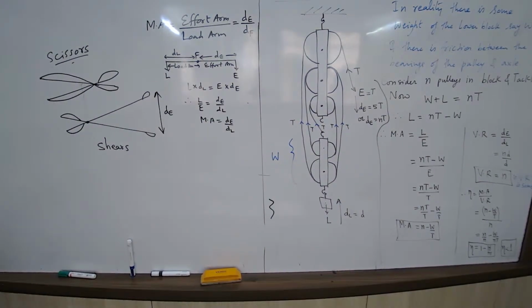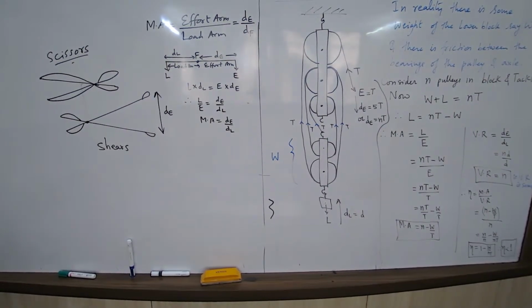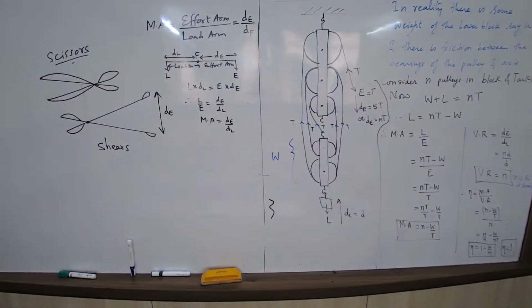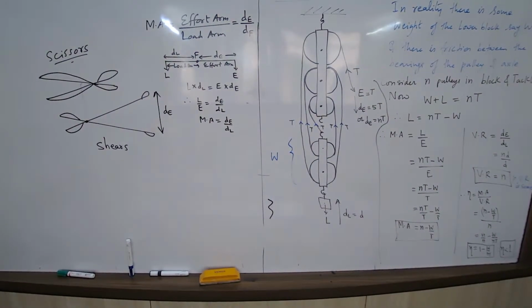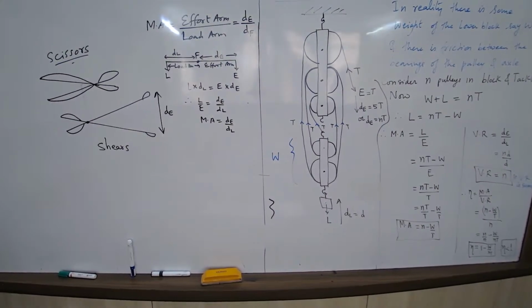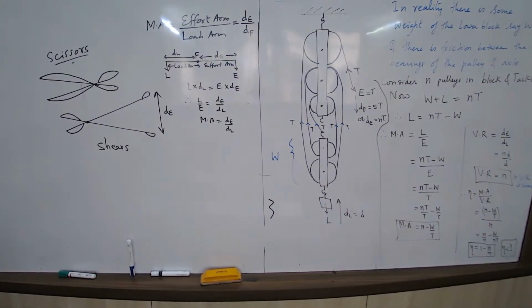So both are the same physical quantity, so will it have units? No unit. Right? The ratio of the same physical quantity will have no units. So velocity of effort upon velocity of load, which is also equal to displacement of effort upon displacement of load. Velocity ratio is given as VE upon VL, which is also equal to DE upon DL. What is DE and DL there?